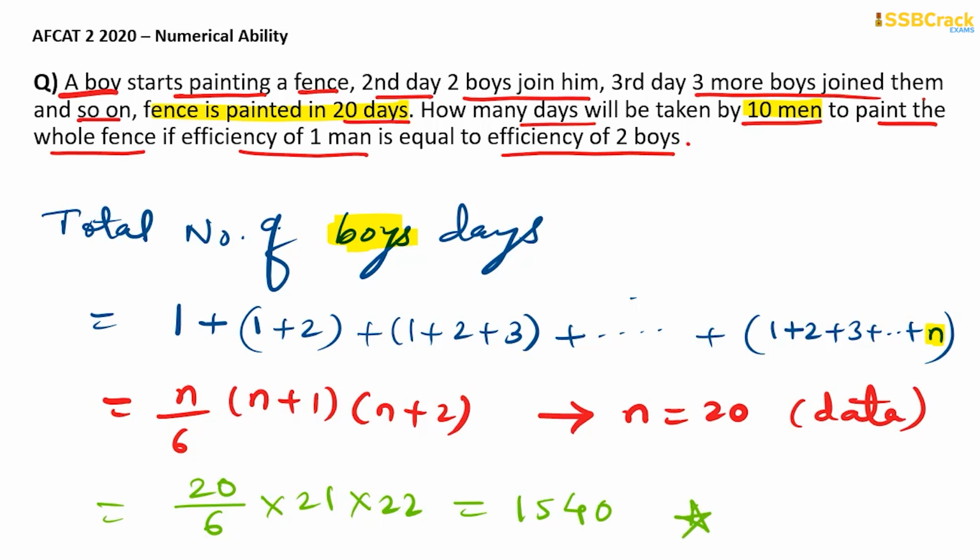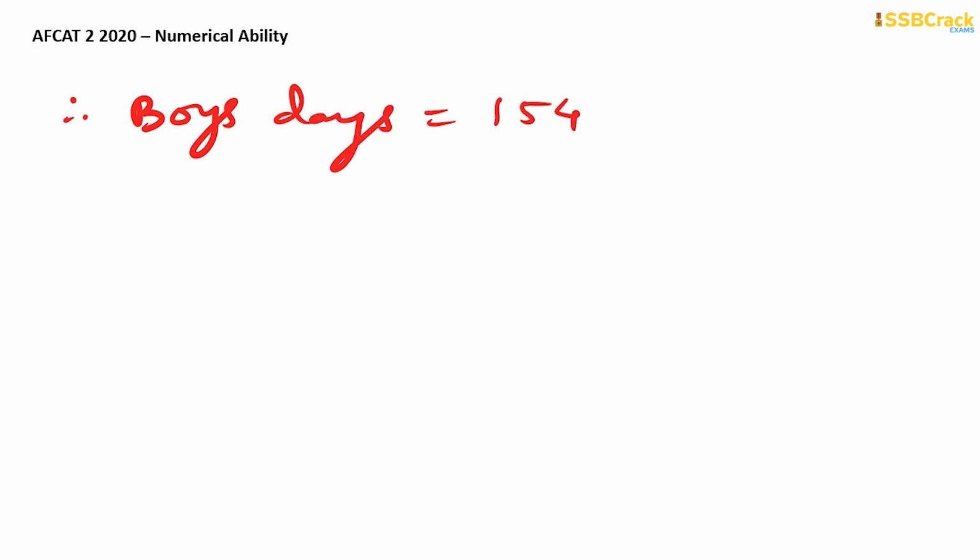Okay, so here we noted that the boys days are in all 1540 actually. Okay, so now we shall note that one boy's efficiency is half a man's efficiency as per the question.